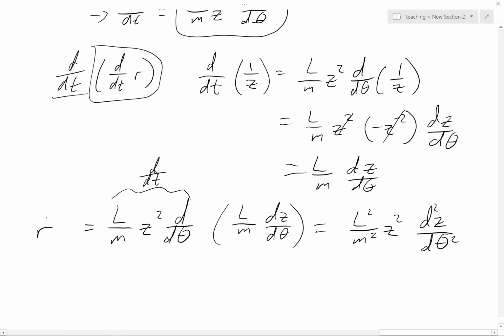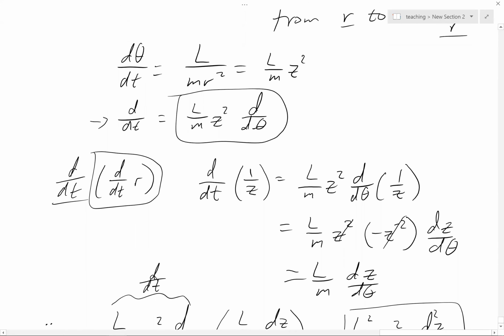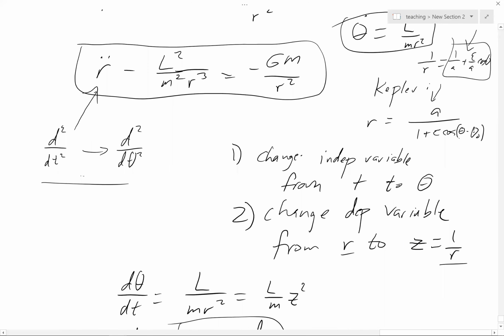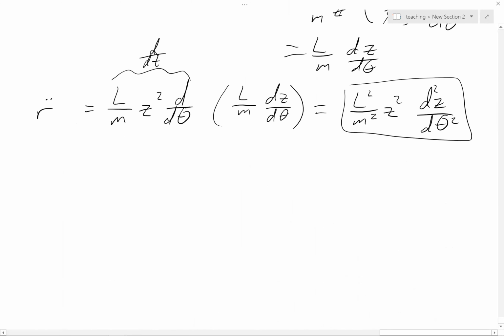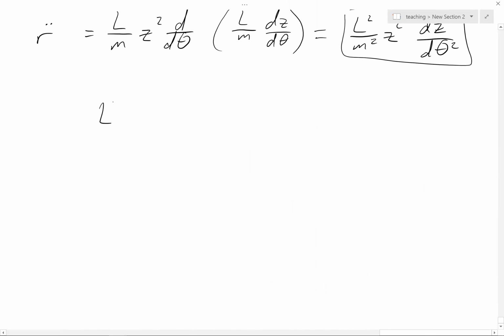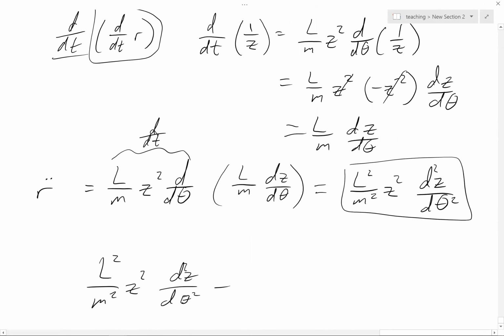This is my r double dot, now written in terms of z and theta instead of in terms of r and t. All right, so I'm just going to take this and plug it back into the equation I had up here, which I have already forgotten. So, okay, r double dot, I'll write the rest of it here in a second. So the r double dot is L squared over m squared z squared d squared z d theta squared, and then I had minus, what did I have?